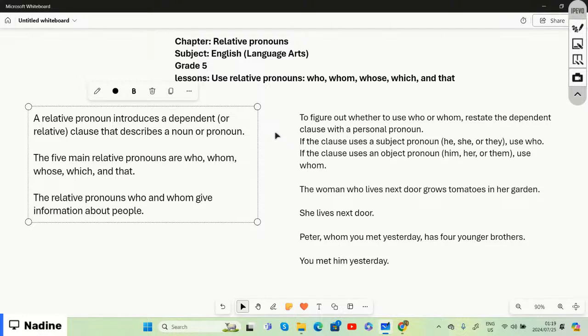It means that she lives next door. And lastly, we say: Peter, whom you met yesterday, has four younger brothers.